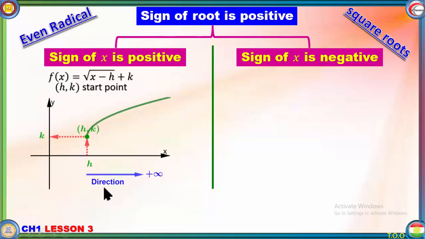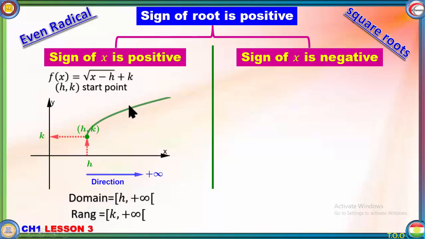The direction of the function is from the start point to positive infinity. Therefore, the domain starts from h to positive infinity, and from k to positive infinity is the range of this function.